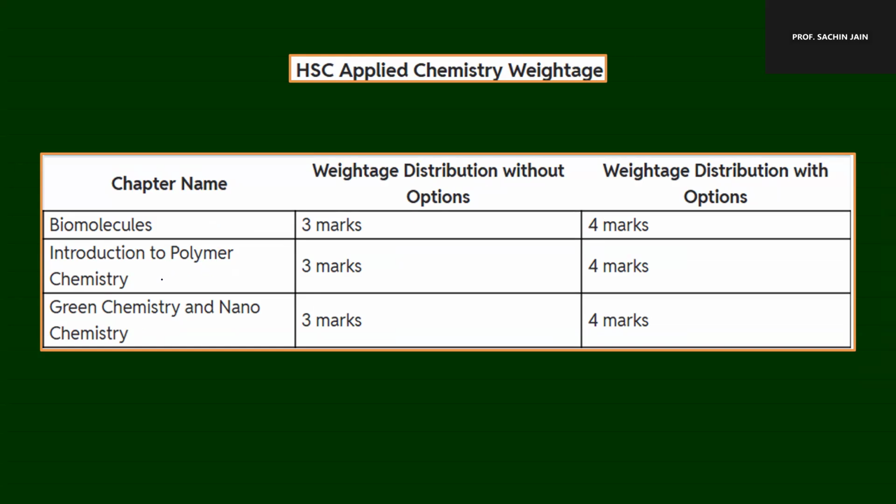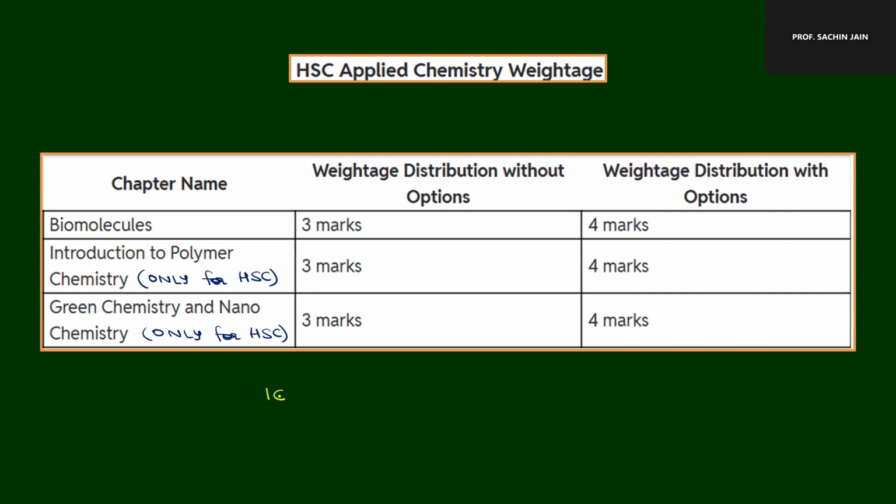Then there is applied chemistry with 3 chapters: biomolecules, polymer chemistry, and green chemistry and nanochemistry. Now, out of these 3 chapters, biomolecules is there for NEET and HSC, but these 2 chapters again are only for HSC. This is not there for the NEET examination. We have to prepare exclusively for HSC, and we'll discuss what you are supposed to do in these chapters.